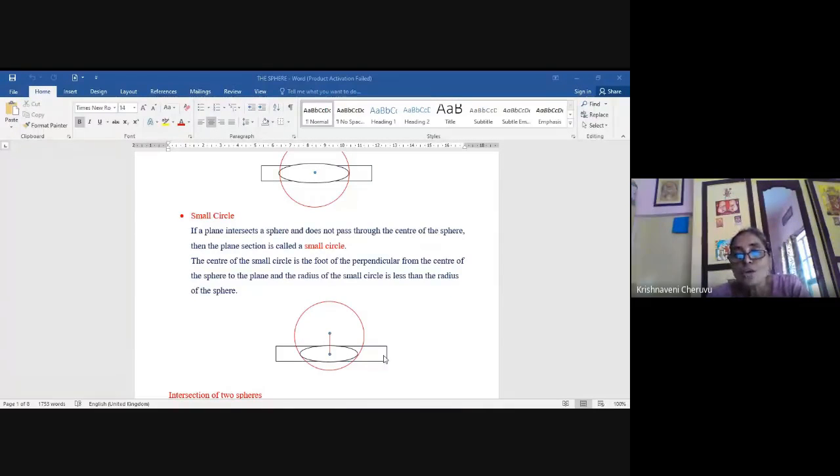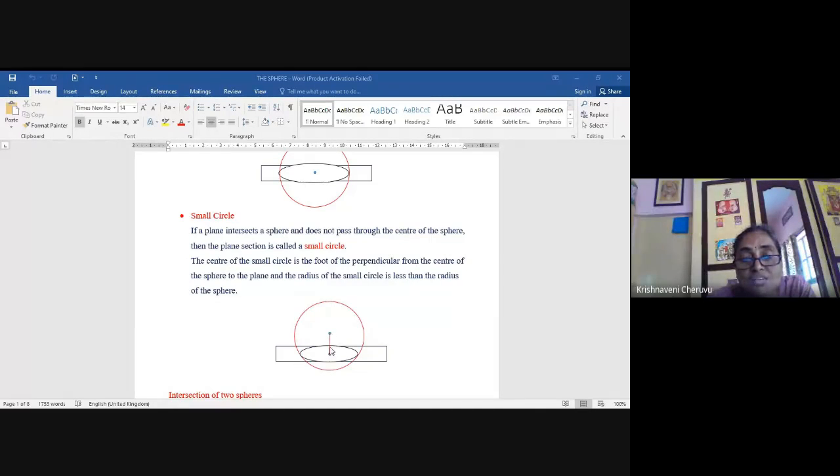Now, here also a plane is intersecting with a sphere and the resultant is a circle, and this circle is a small circle because the center of the sphere is not lying on the plane, and moreover the center of the sphere is different from the center of the circle. And remember, girls, here I drew a line red in color.